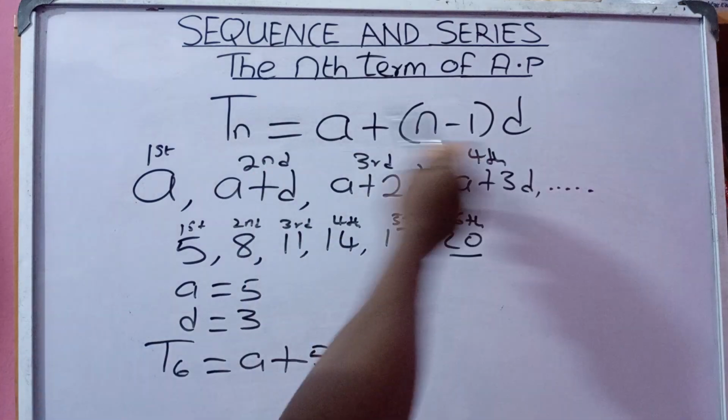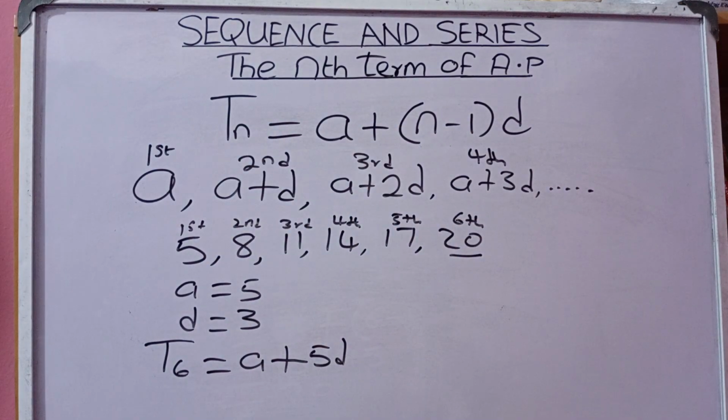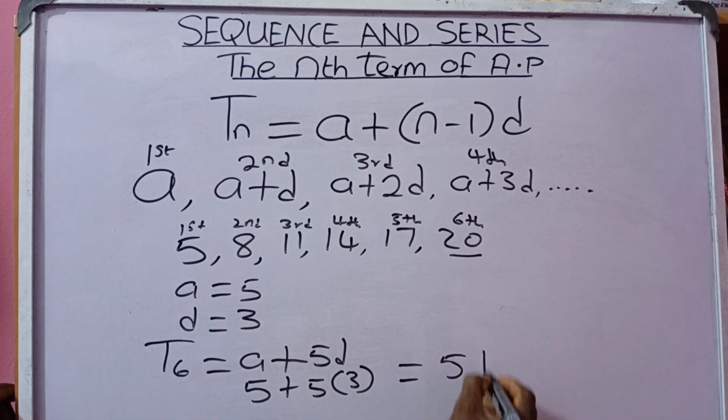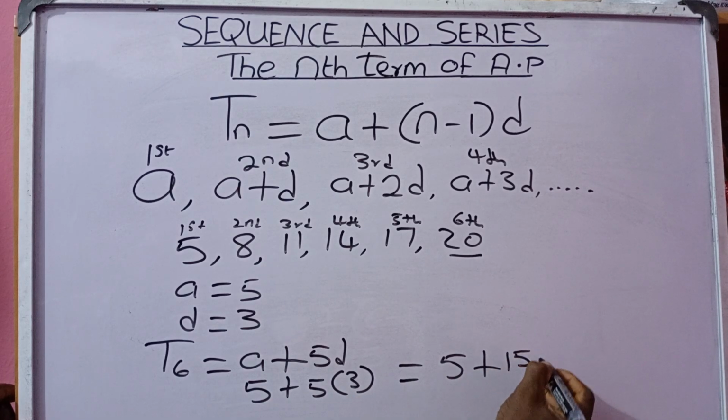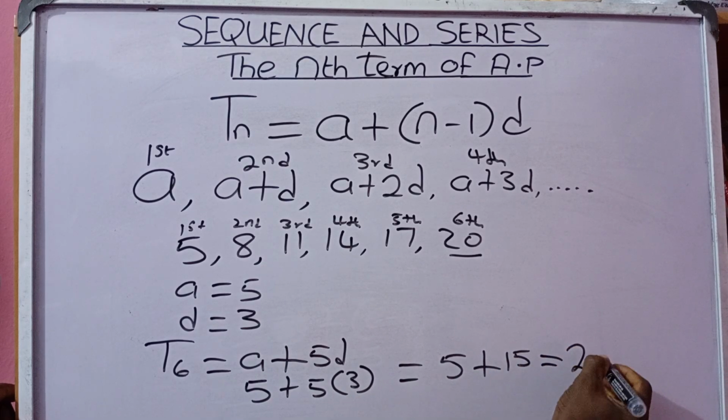So I don't have to go about cramming this formula to find the nth term of AP. So what do we do? A is 5. That is this 5. Then common difference is 3. When we do that, 5 plus 5 multiplied by 3, which is 15, of course, the answer will be 20.